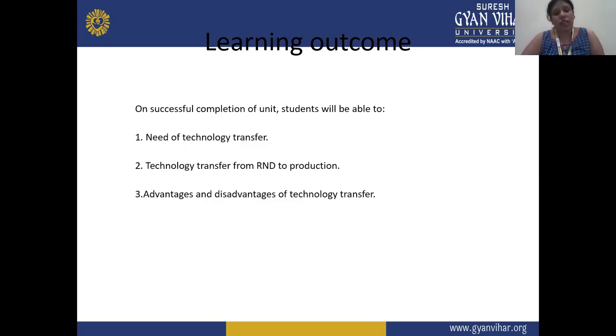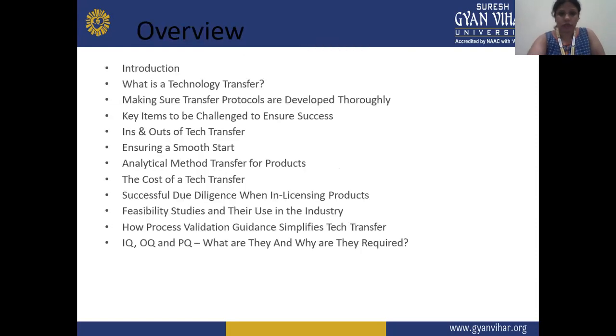This also you will learn after the completion of this unit. Other than that, advantages and disadvantages of technology transfer are also there. There are many advantages, there are many disadvantages, and you will come to know about all of them in this unit.